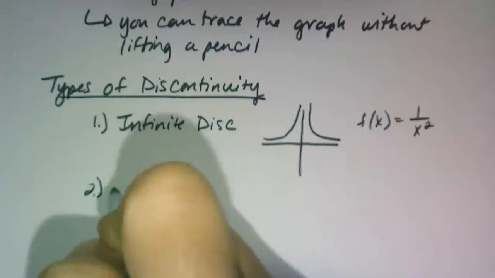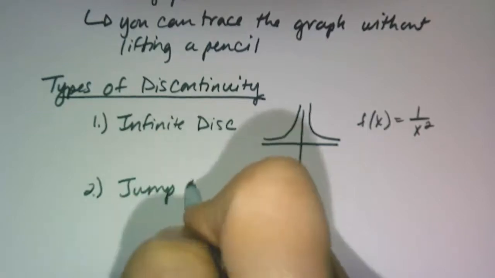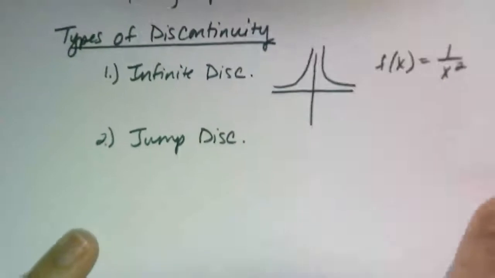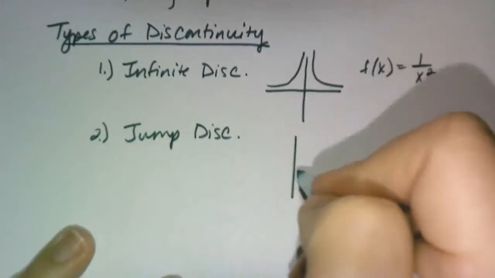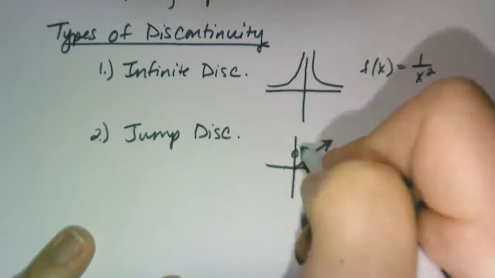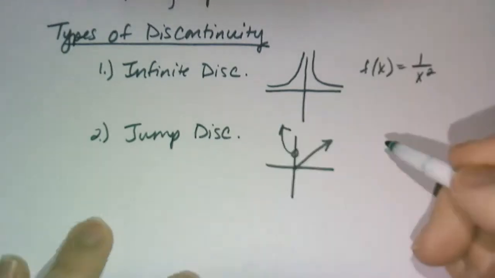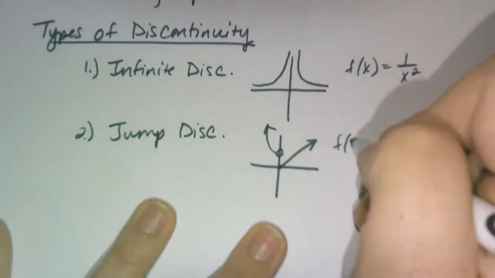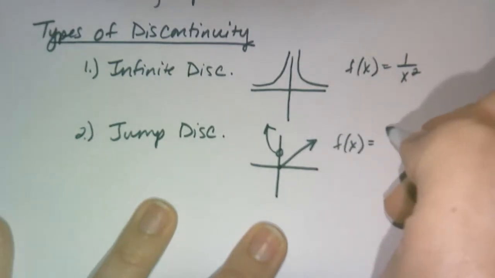Second type would be a jump discontinuity. Anybody know what a jump discontinuity looks like? You've graphed them before, but piecewise functions are usually jump, usually. Not always. But here's a piecewise function.